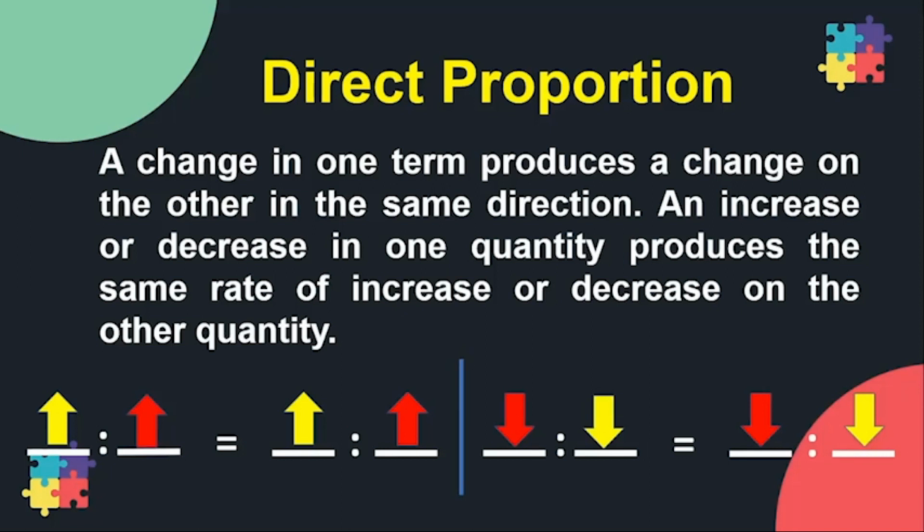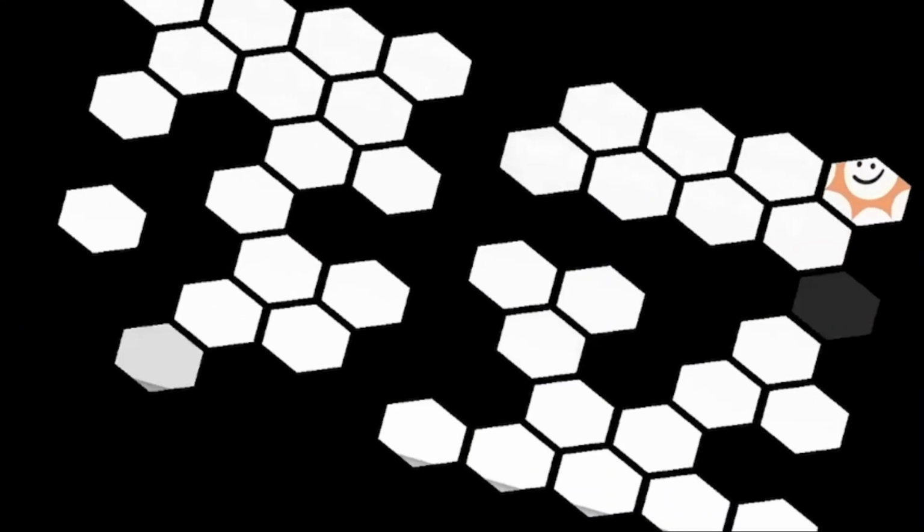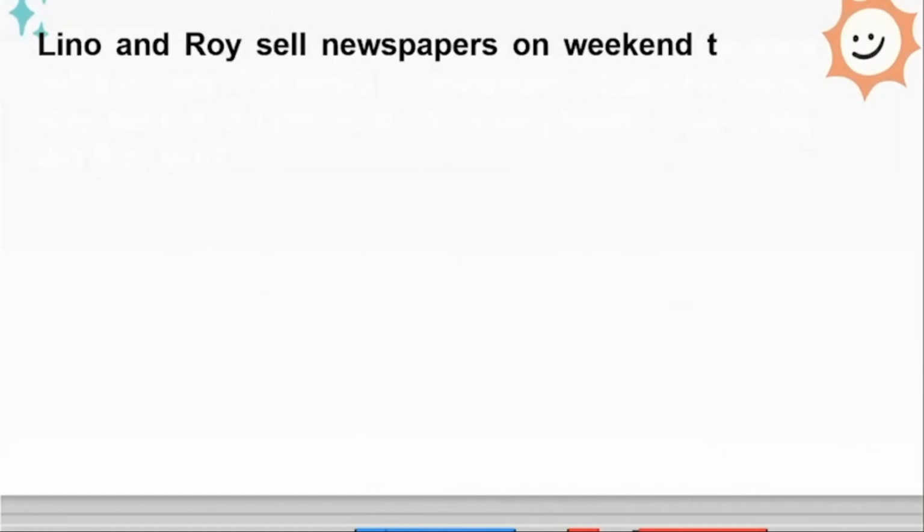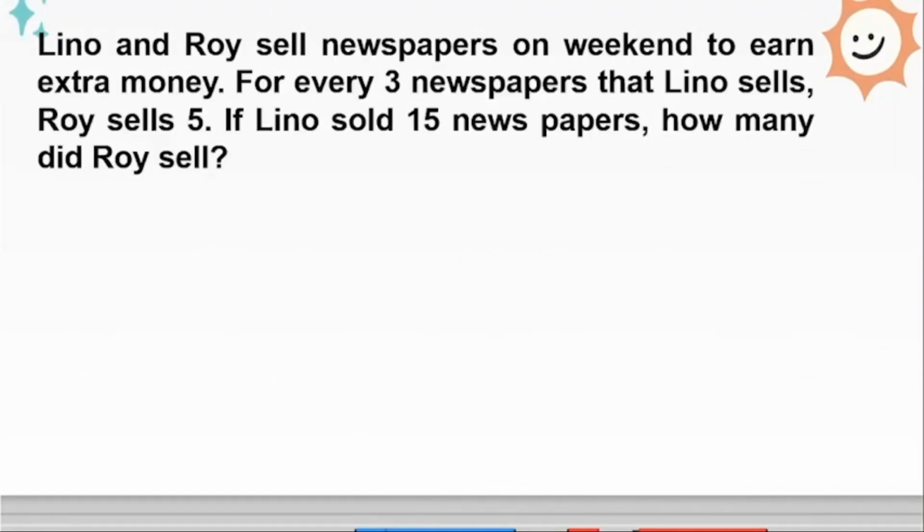For us to understand more about direct proportion, let's consider this example. Lino and Roy sell newspapers on weekend to earn extra money. For every 3 newspapers that Lino sells, Roy sells 5. If Lino sold 15 newspapers, how many did Roy sell?